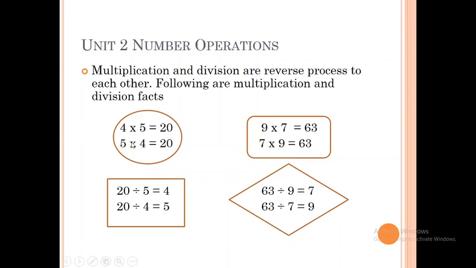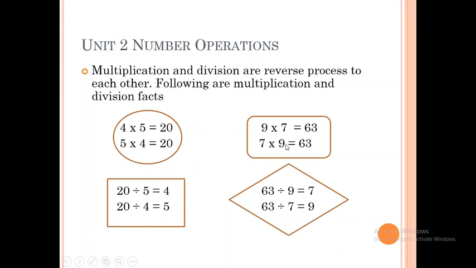Now, how is multiplication the reverse of division? Look here, 20 divided by 5. When you divide 20 by 5, you will get the answer, that is quotient, 4. Or if you divide 20 by 4, you will get the answer 5. See these 2 ones, multiplication and division.